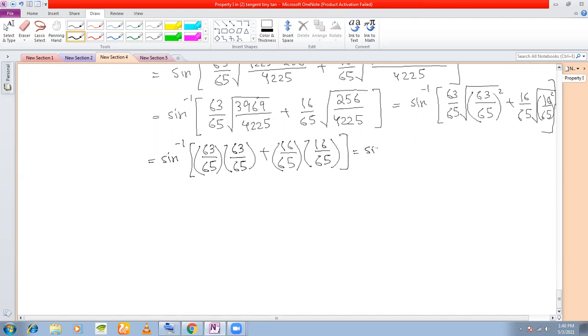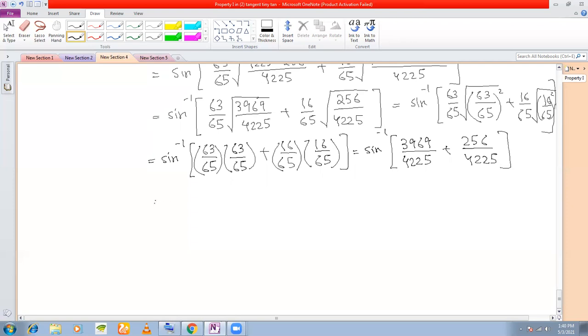So this is sine inverse of 63 into 63, which you can find to be 3969, over 4225, and again 256 by 4225.